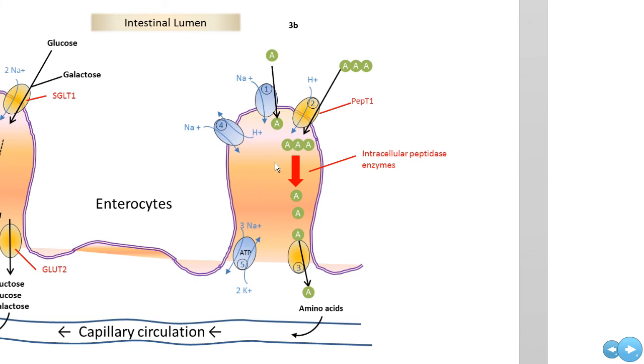Those small chains are broken down by intracellular peptidase enzymes within the enterocyte, and at the end of the process, single amino acids are absorbed into the capillary circulation and again taken up into the systemic circulation. So we need to have simple sugars, small chain amino acids, in order for enterocytes to do the least amount of work and deliver the most effective source of nutrients.